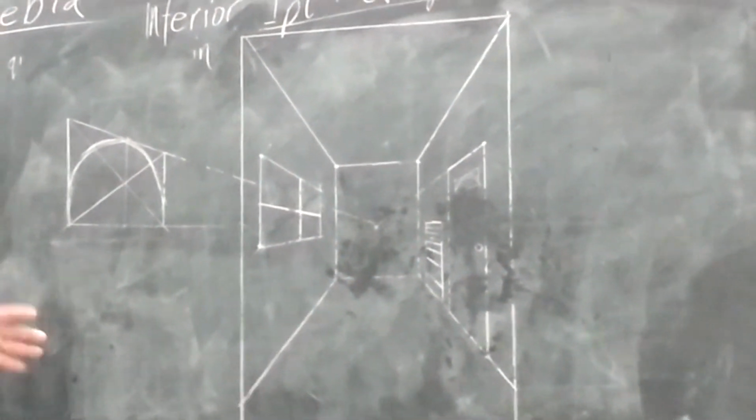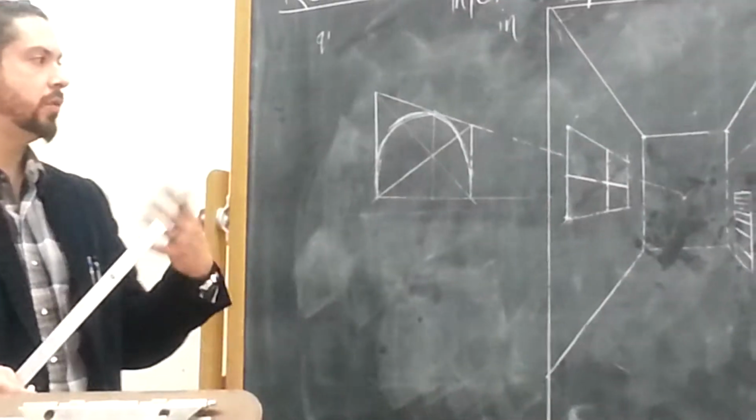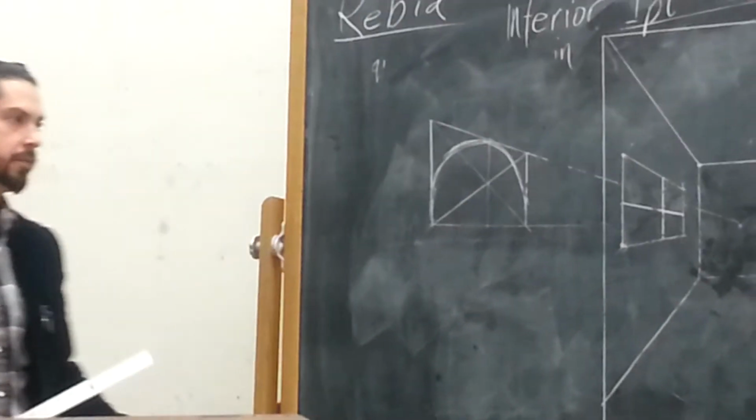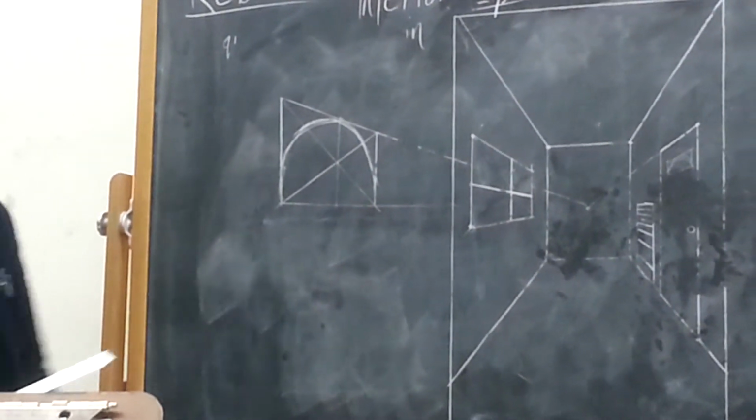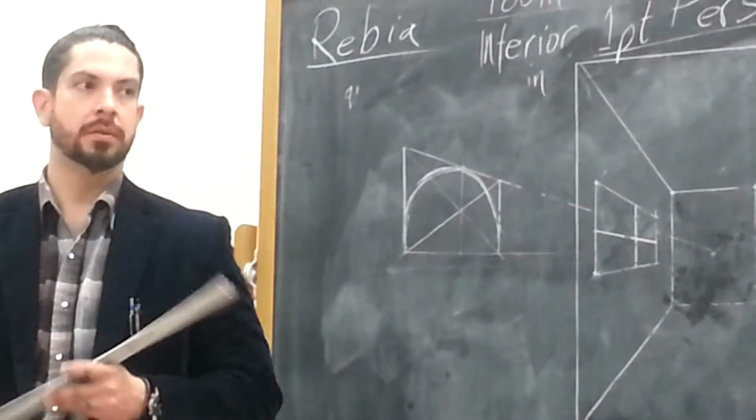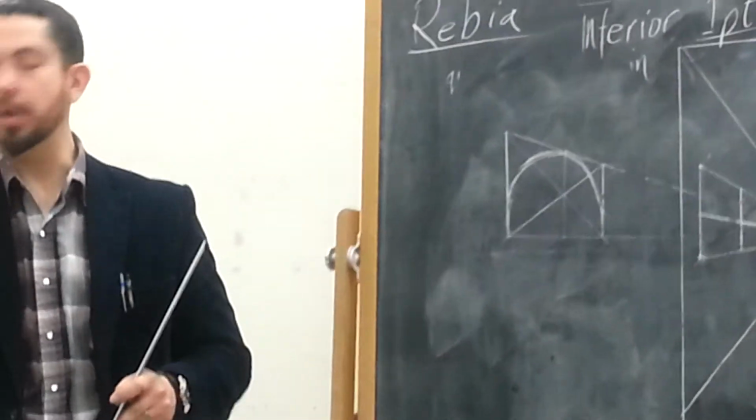Now, for a regular bookshelf, let's say we want to do a regular bookshelf that you buy from the store, that's just rectangle shape and you put it in the room. What would we start off with? Rectangle.